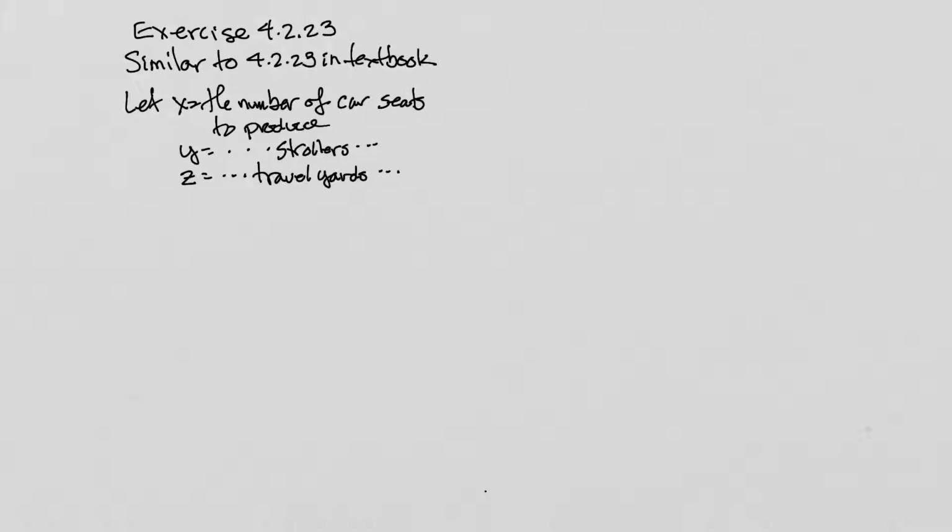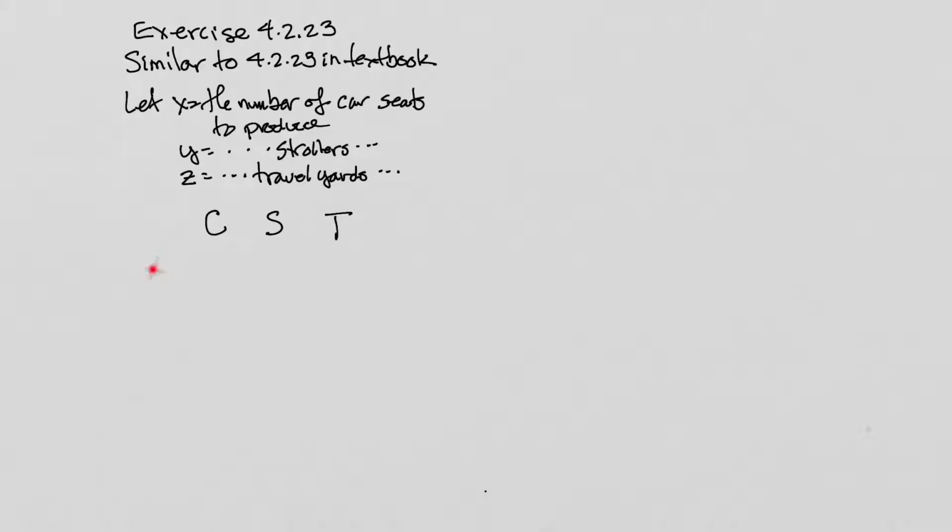So let's summarize this information in a table. We'll have car seats, strollers, travel yards. These are our categories, right? We get the categories from right up here. This is what I'm looking for. Car seats, strollers, travel yards, and each of these categories has certain characteristics that go along with them.